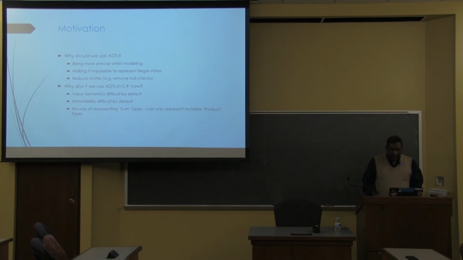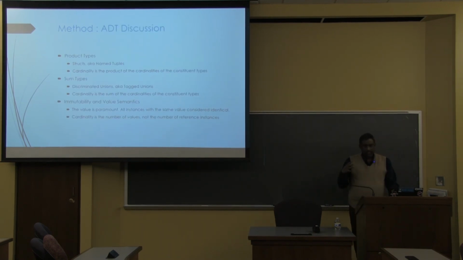But from an FP perspective, we've actually known about this for some time. We've had type composition where you can consider a tuple of types as a product of the individual constituent types. As it turns out, the cardinality space of the tuple is exactly the product of the cardinalities of the constituent types.